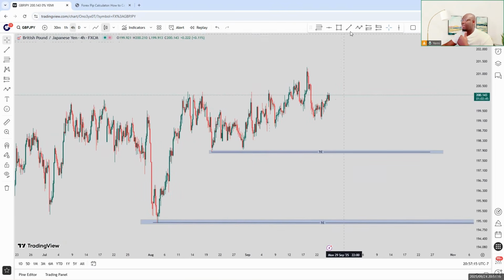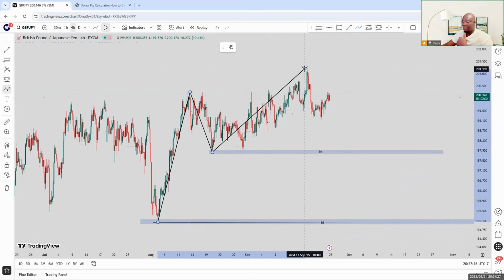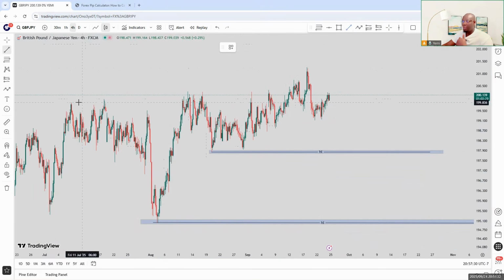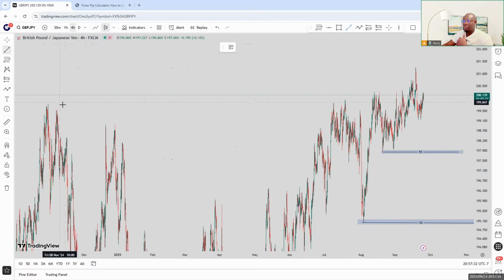So the first thing I would love to see is that when the market made a move to this upside, we had this low right here, then we had this high right here. So apparently the market took off this. Remember that we had a bigger break of structure right here.